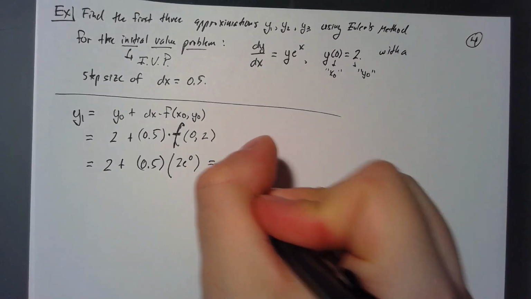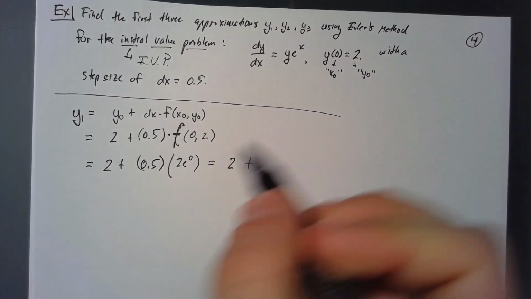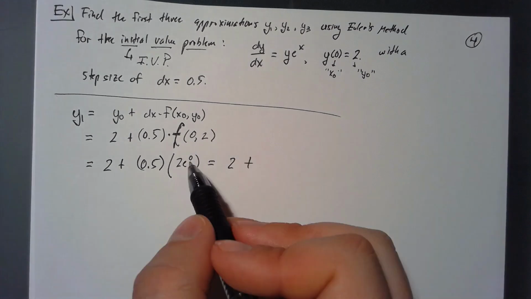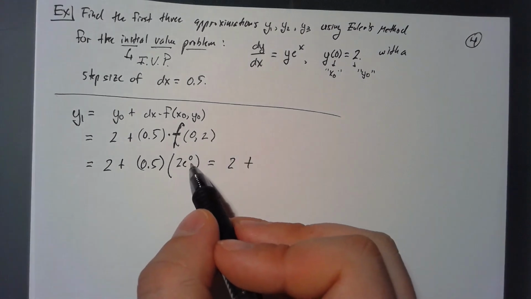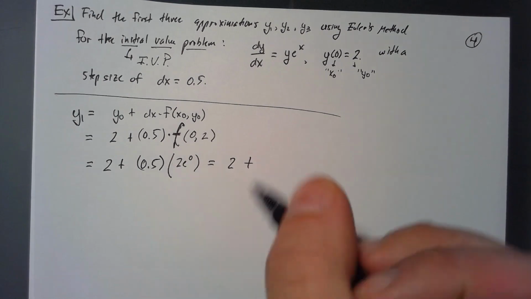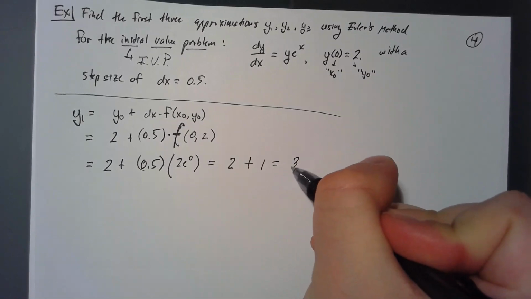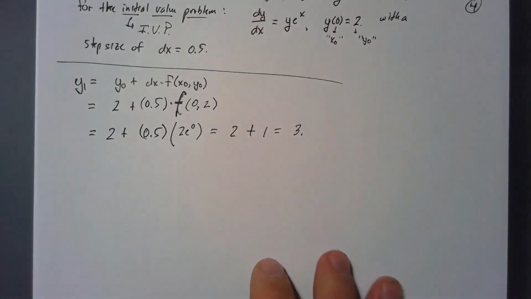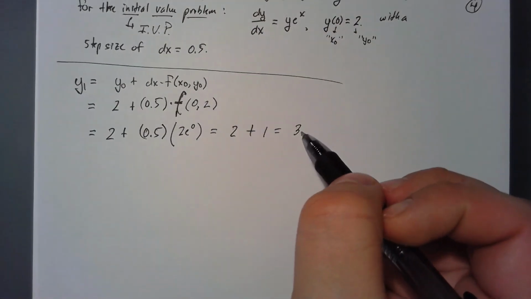So if I go through that, I'm going to get 2 plus, well, e to the 0 is 1. 1 times 2 is 2. What's 2 times a half? Well, half of 2 is 1. 2 plus 1 is 3. So that means y sub 1 is 3.